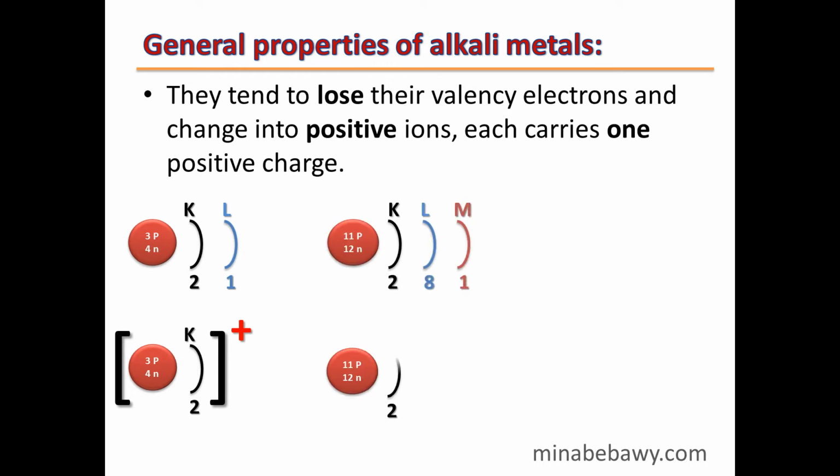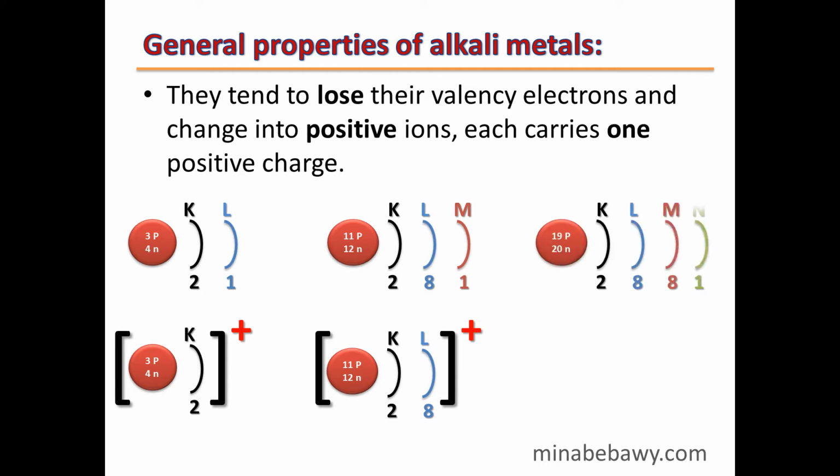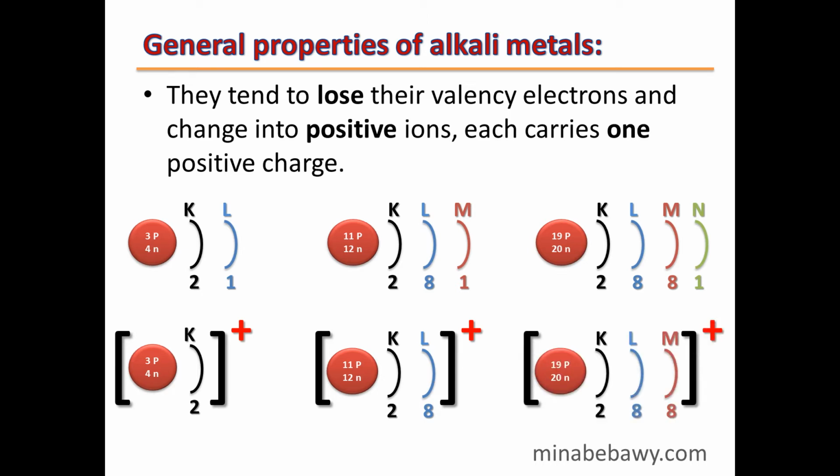This is a sodium atom. During chemical reaction, it will lose one electron and it changes into a positive ion, which carries one positive charge. This is a potassium atom. During chemical reaction, it will lose one electron and it changes into a positive ion.